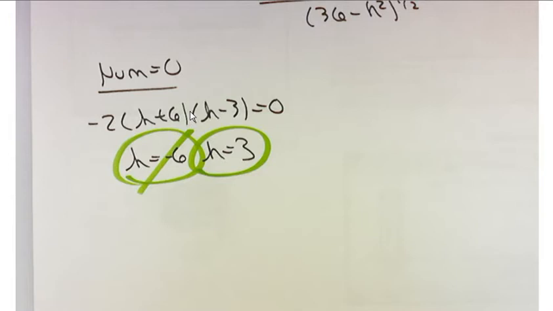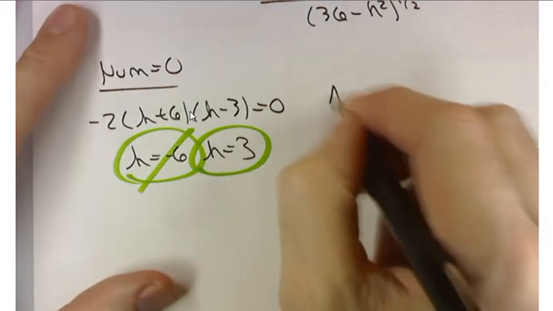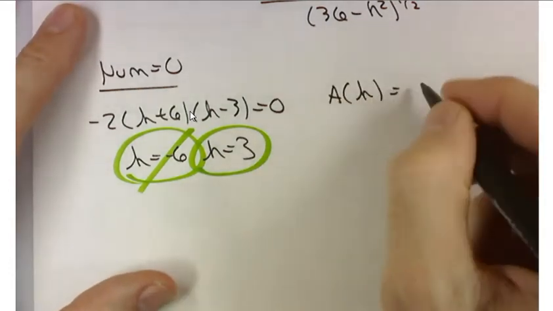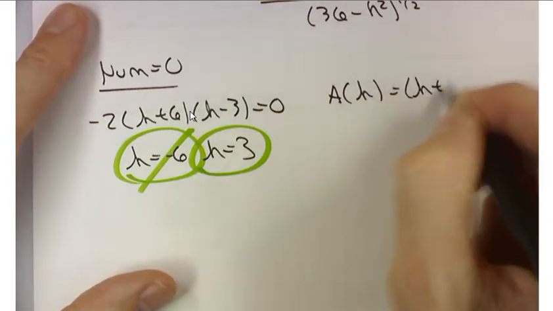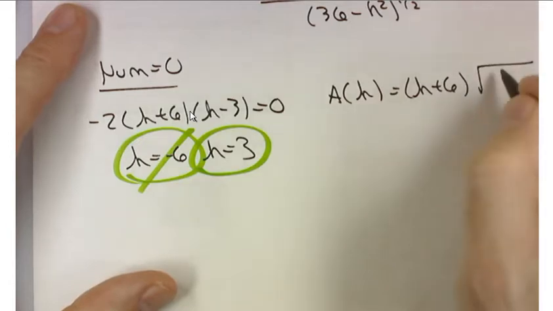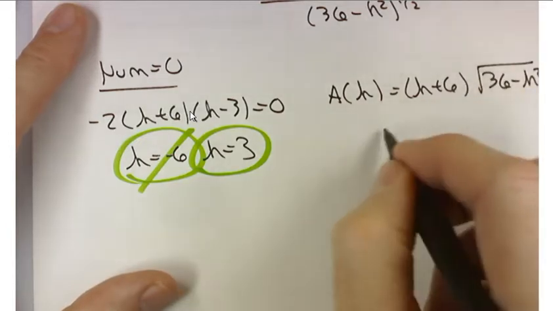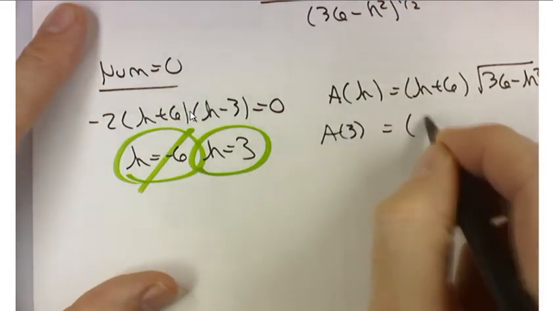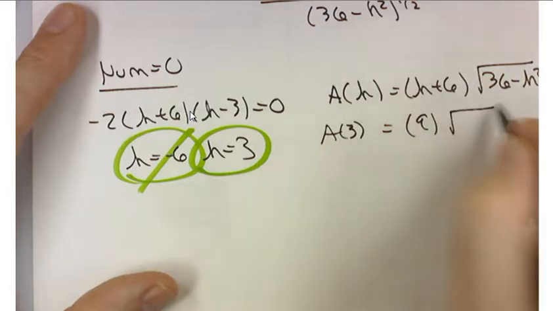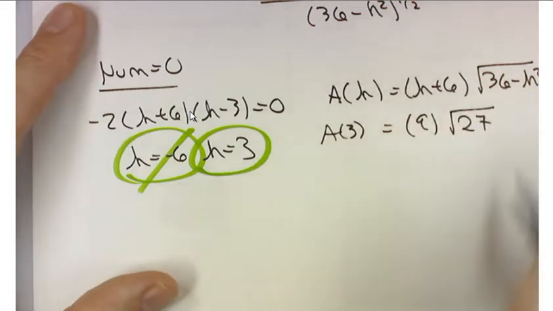Let's see what that area is going to be then, because that's what the problem asks us for, what's going to be the maximum area of that triangle. So we're going to go back here. A of h, our expression for that was h plus 6 times the square root of 36 minus h squared. So A of 3 is going to be 9 times the square root of 27.